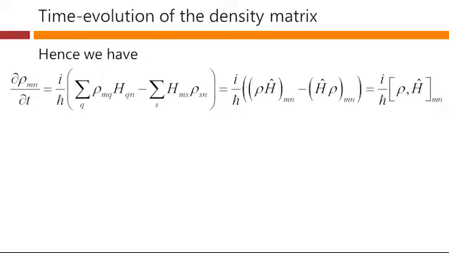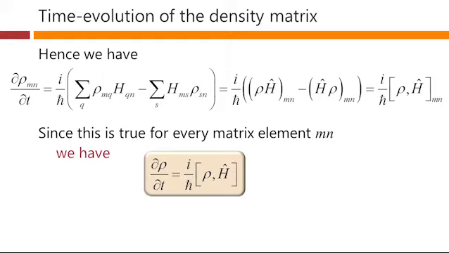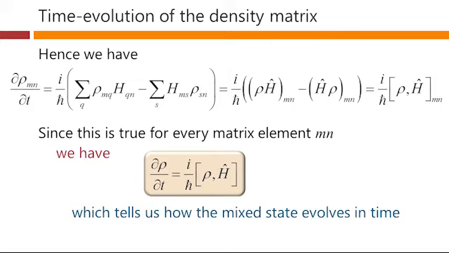And so what we have here is that the partial derivative of rho mn with respect to t is i over h bar times the mnth element of the commutator of rho and H. And since this is true for every matrix element mn, we therefore have this expression. The partial derivative of the density matrix or operator with respect to time is i over h bar times the commutator of the density matrix or operator and the Hamiltonian, which tells us how the mixed state evolves in time.